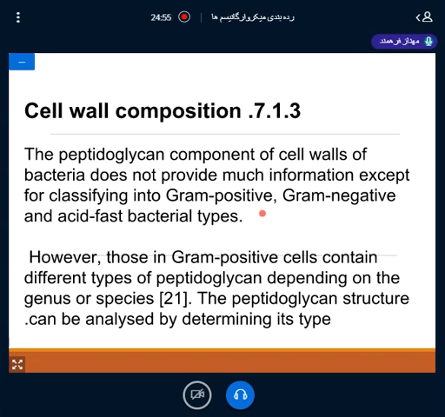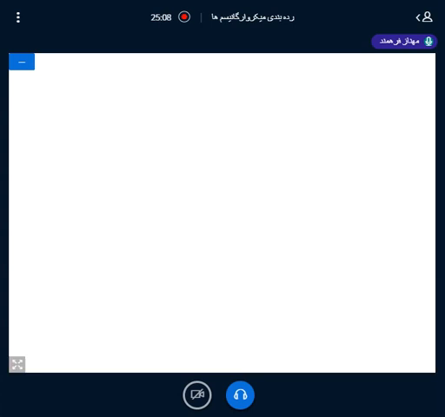So we can determine the component of peptidoglycan in gram-positive, gram-negative, and also acid-fast bacterial cells.